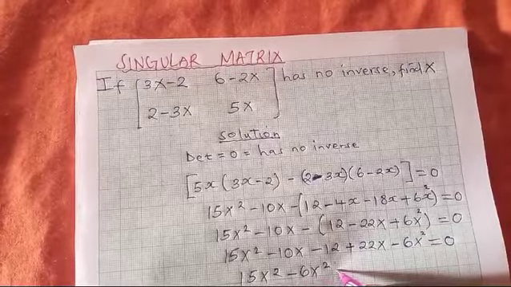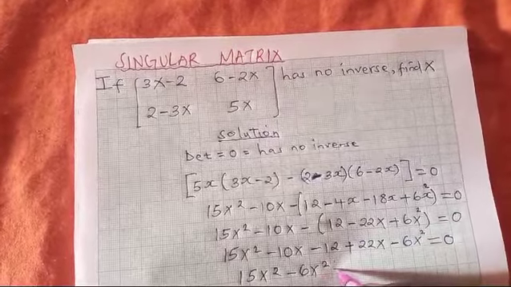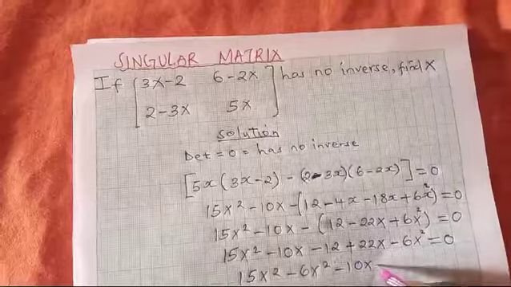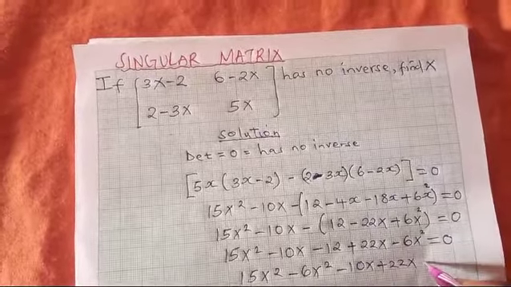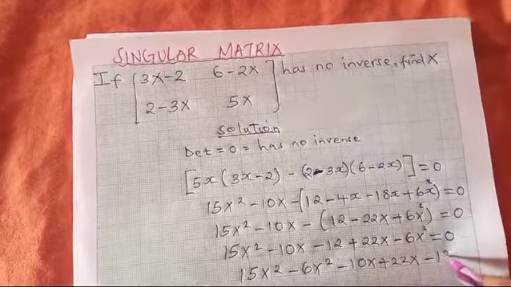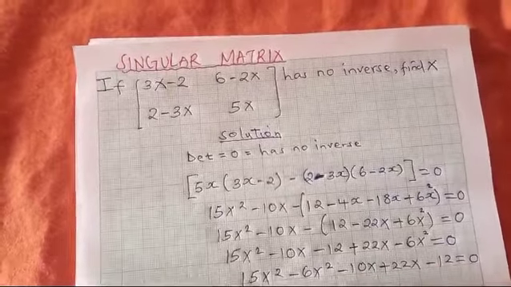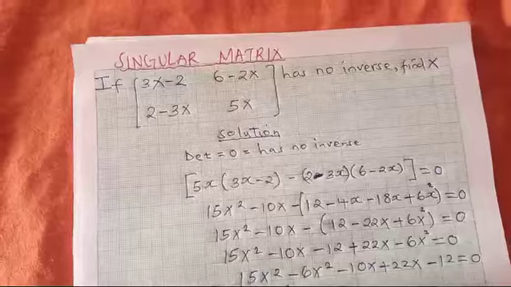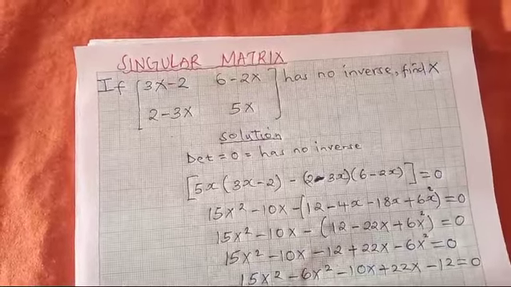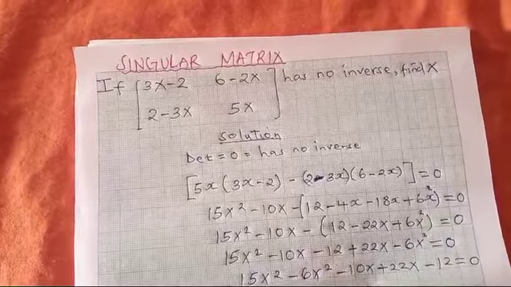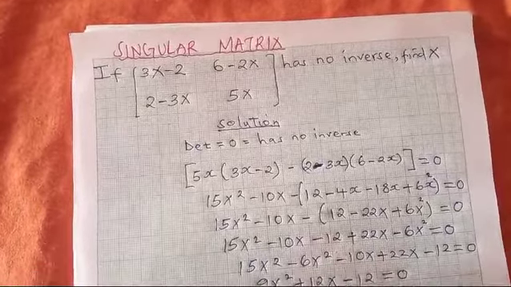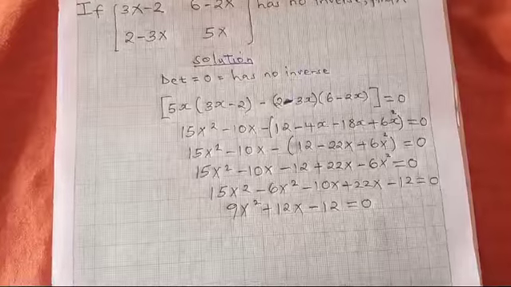And then we have minus 10x plus 22x, then minus 12 equals 0. This is 9x squared, and then plus 12x, then minus 12 equals 0.